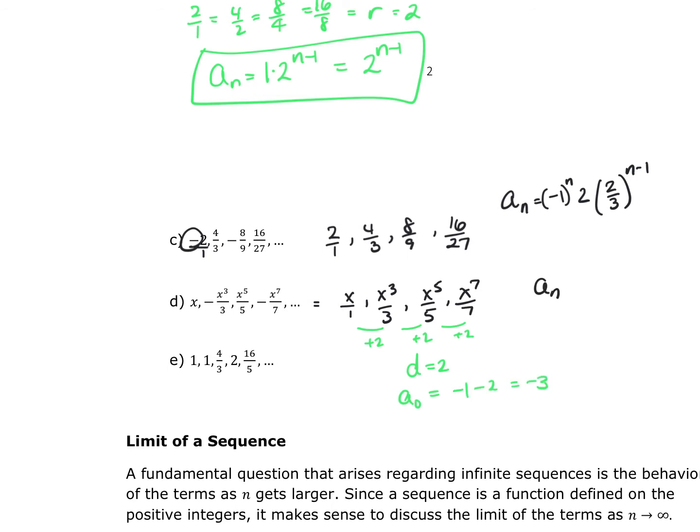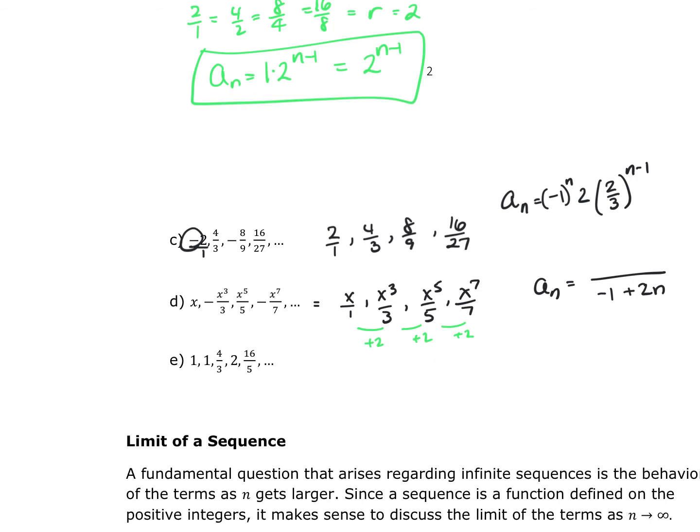So my a sub n for my denominator is going to be negative 3 plus 2n. Oh, excuse me. I cannot obviously add today. Man. So this is negative 1 and this is negative 1. There we go. Okay.